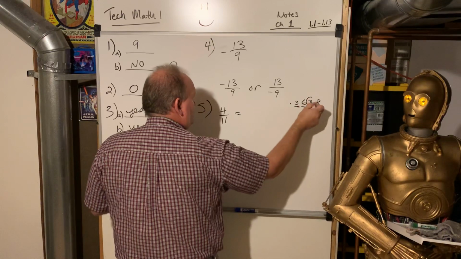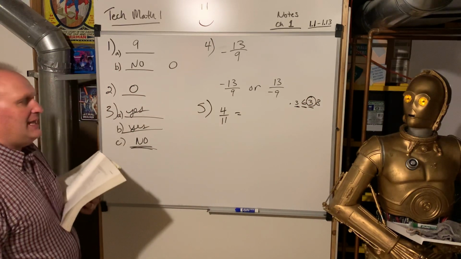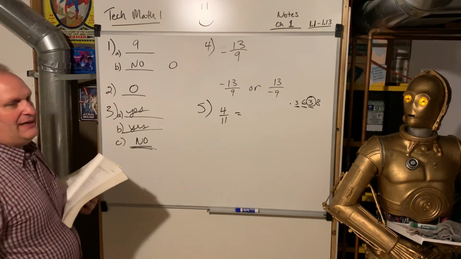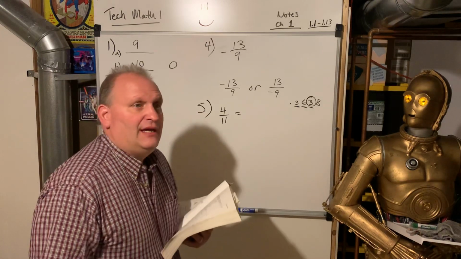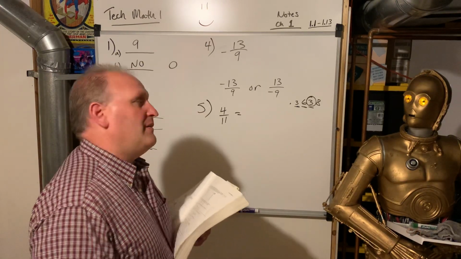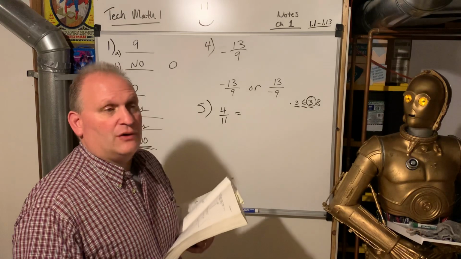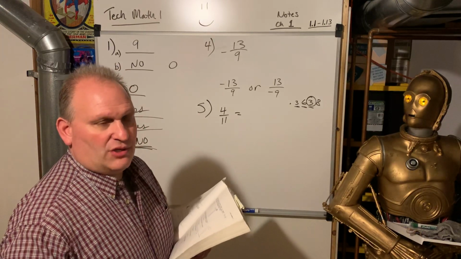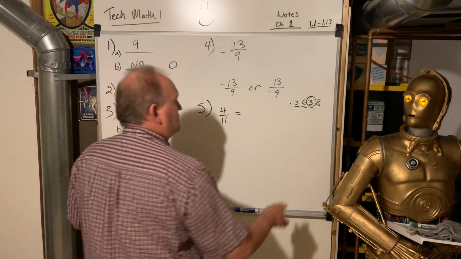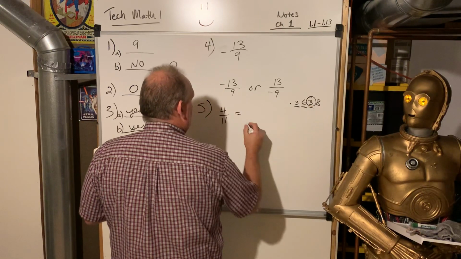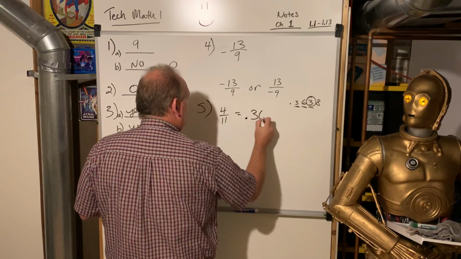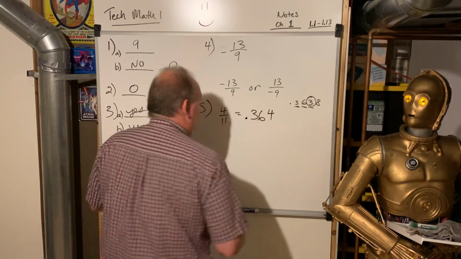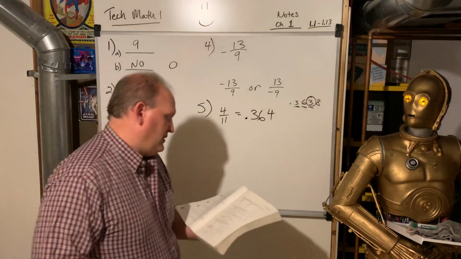To round to thousandths place, you look at that number and then you look to the one to the right of it, ten thousandths place. If it is 5, 6, 7, 8, or 9, we bump it up. If it's 0, 1, 2, 3, or 4, we just truncate it off and leave it a 3. So because that's an 8, that gets bumped up to a 4. So 0.364 is rounded to thousandths place.